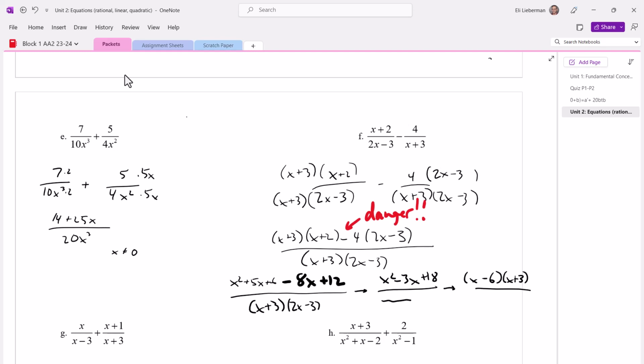Is it negative 18? Oh, you're isolating. Yes, thank you. I factored incorrectly. So what does it factor to?